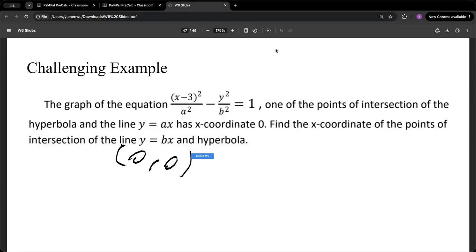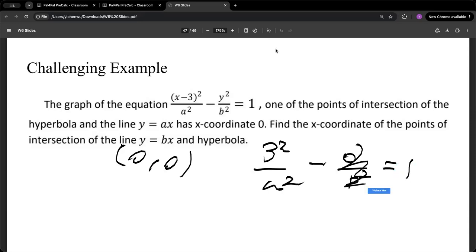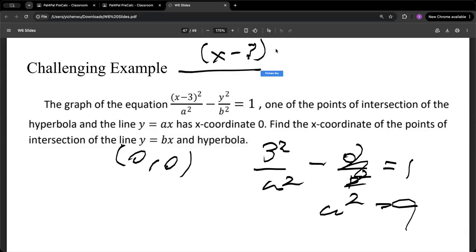If we plug in (0, 0), we get 3 squared over a squared minus 0 over b squared is 1. This is just 0, so you get a squared is 9. So then you can write this as (x minus 3) squared over 9 minus y squared over b squared is 1. Now you can plug in y equals bx to find the x-coordinates.